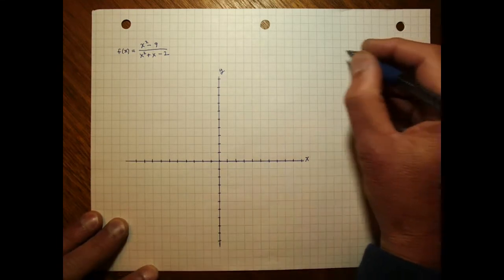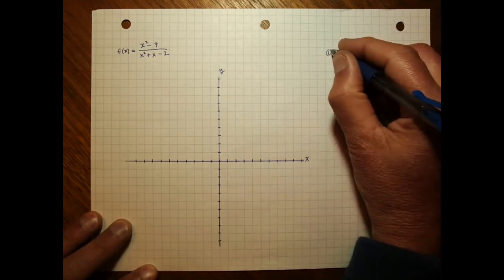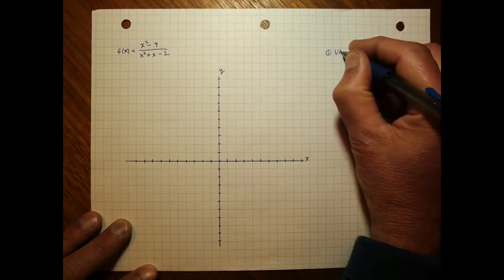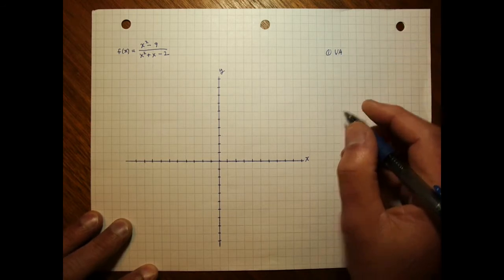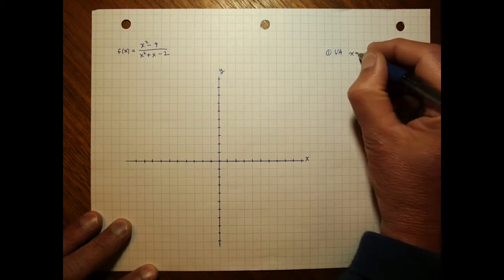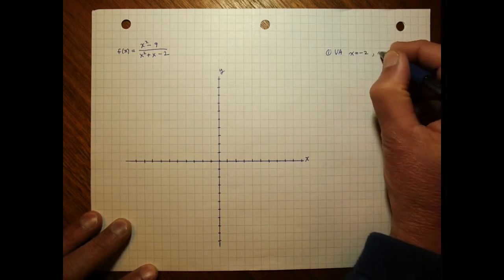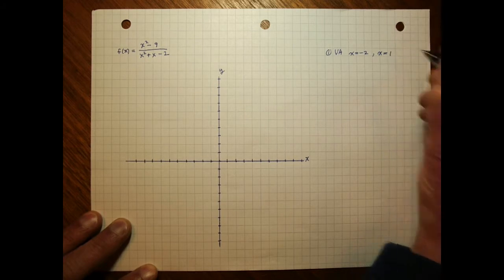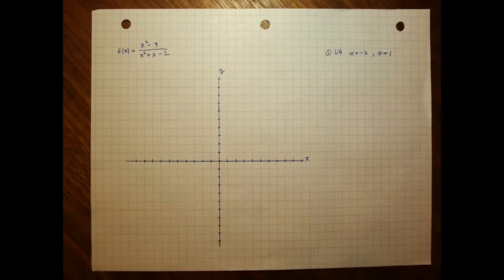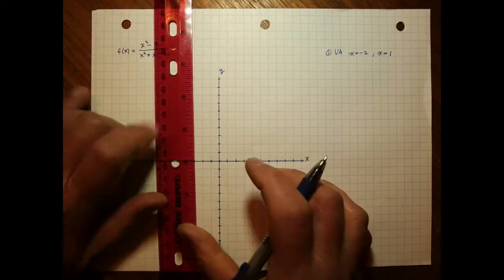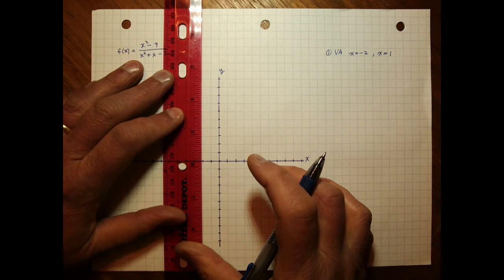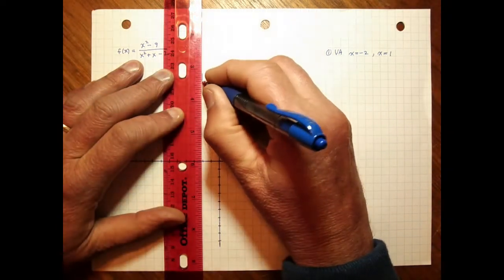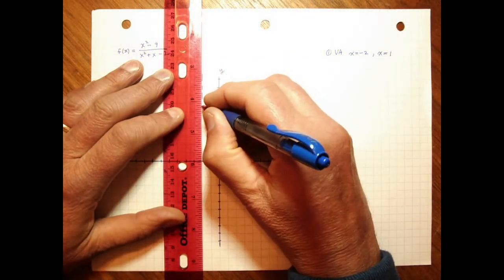We found that there are vertical asymptotes at x equals negative 2 and x equals 1. We found those by setting the denominator equal to 0. So I'm going to go ahead and draw the vertical asymptotes.